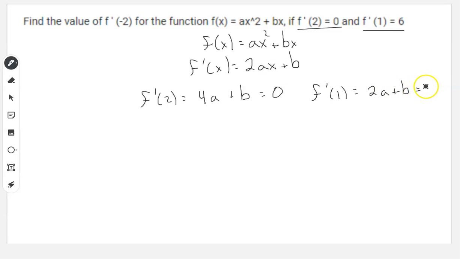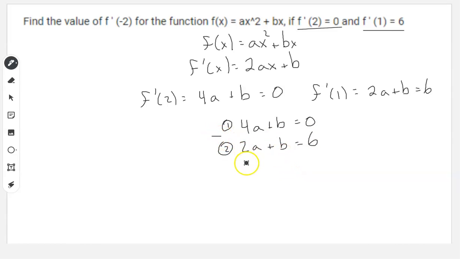That has a value of 6. So now essentially we have two equations with two unknowns. Let's call this equation 1, 4a plus b equals 0. And let's call the other one equation 2, 2a plus b equals 6. So we can solve these now for a and b.